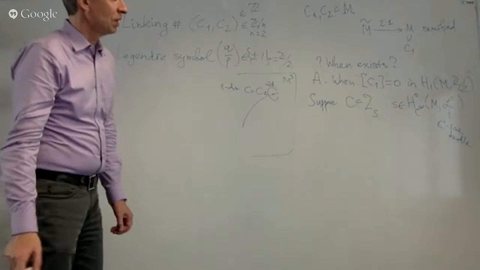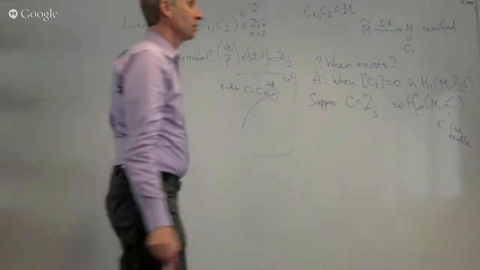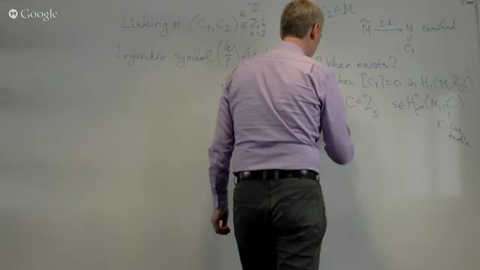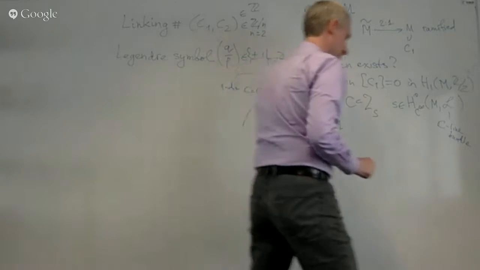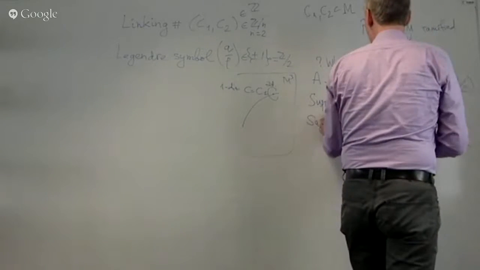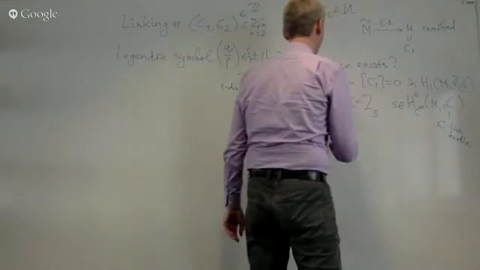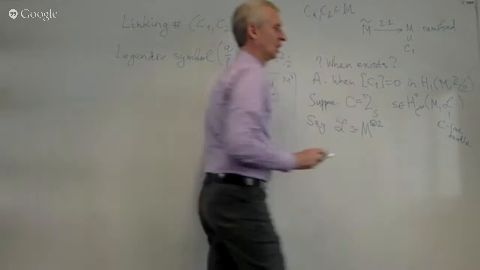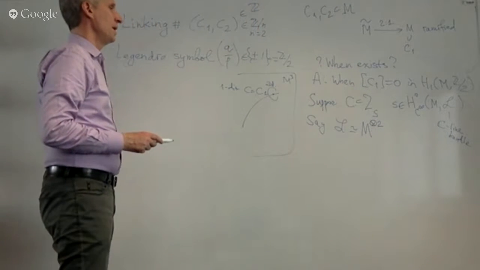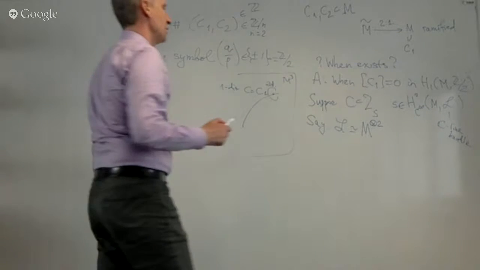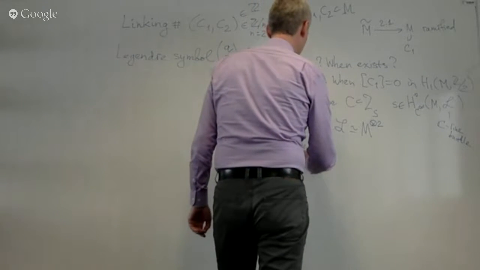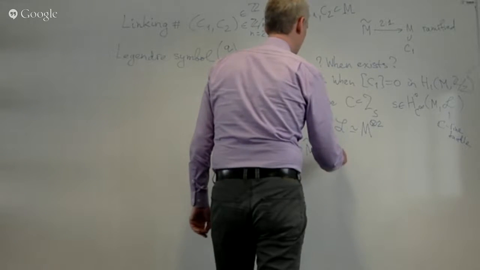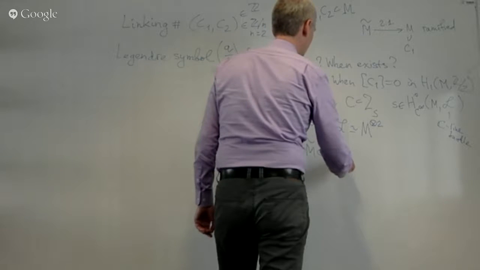And suppose this line bundle is divisible by 2, or has a square root. Say L is some other bundle, L isomorphic to N squared. Then we can define an embedding inside the total space of N.